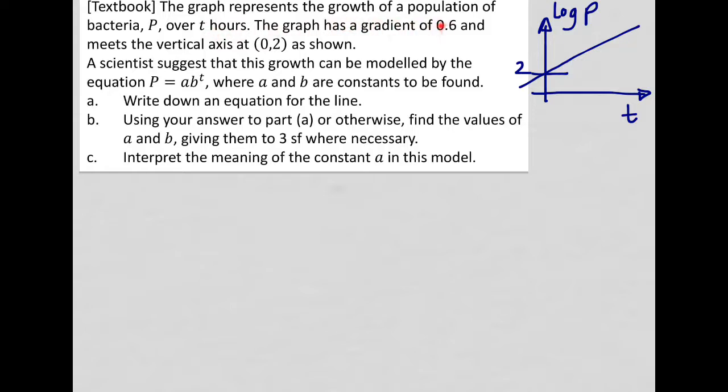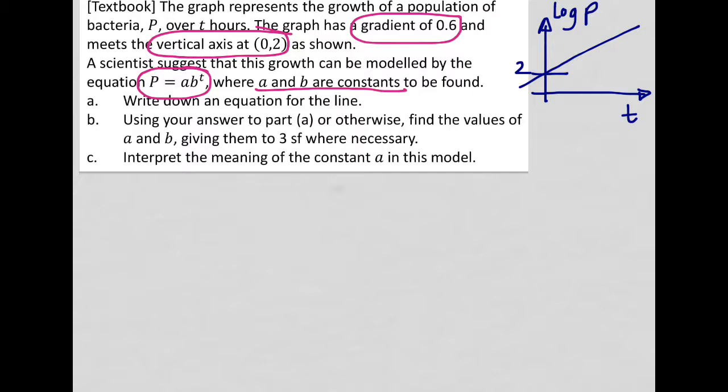The graph has a gradient of 0.6, I think that's going to be important, and meets the vertical axis at 0.2. A scientist suggests that the growth can be modelled by the equation p equals ab to the power t, where a, b are constants to be found.